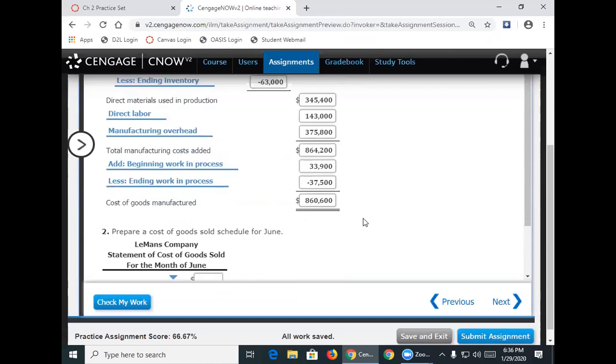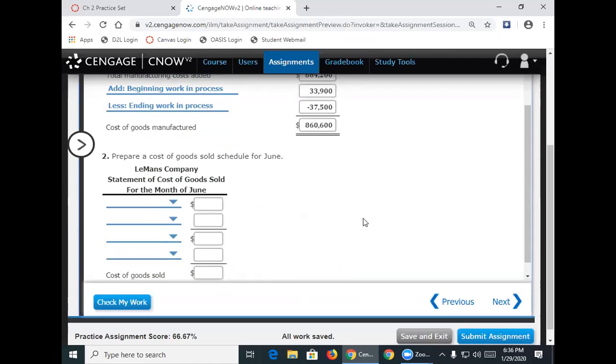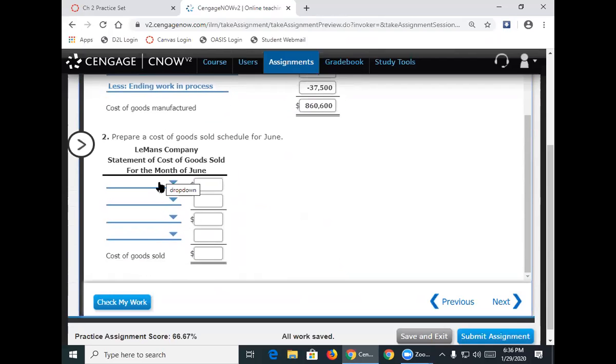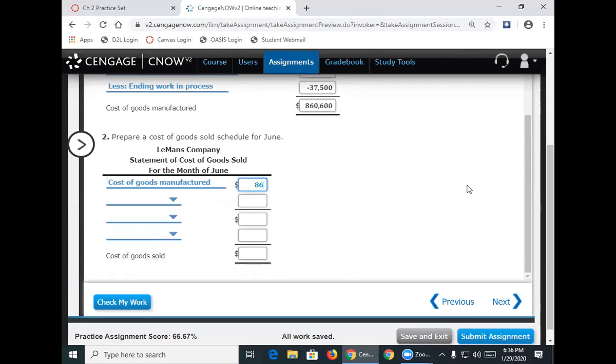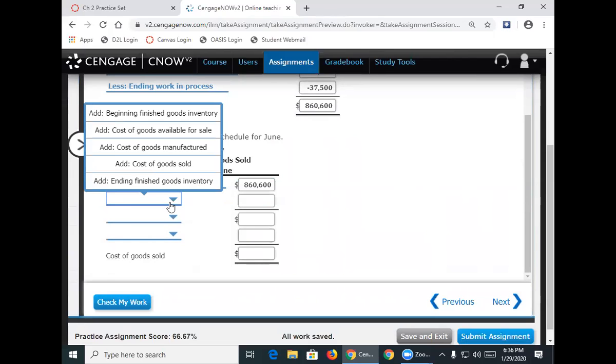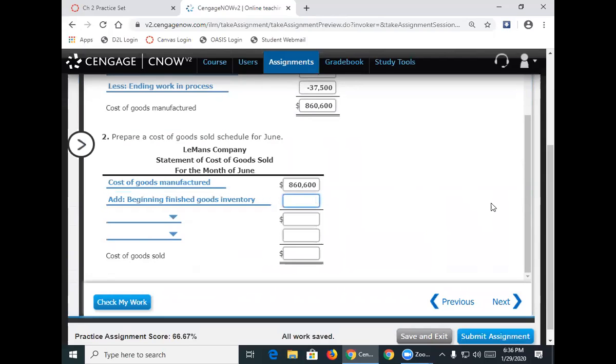And then when I scroll down, I'm going to take that number and put it into my cost of goods sold. So on my statement of cost of goods sold, I start with cost of goods manufactured, $860,600. And now I'm just balancing my finished goods account. So I add in my beginning balance, beginning finished goods, $55,600.